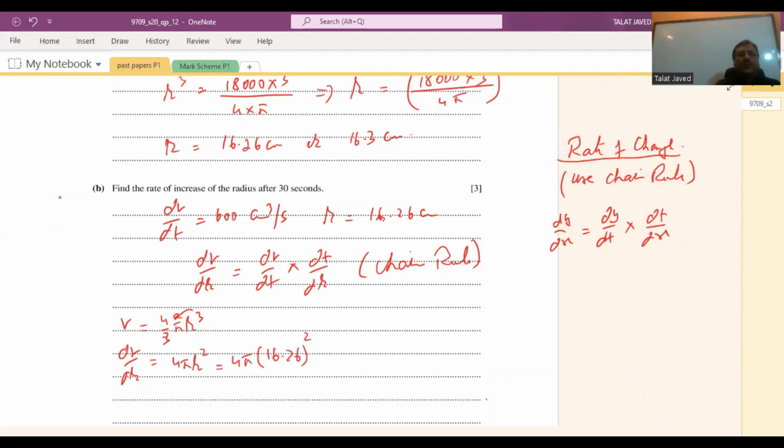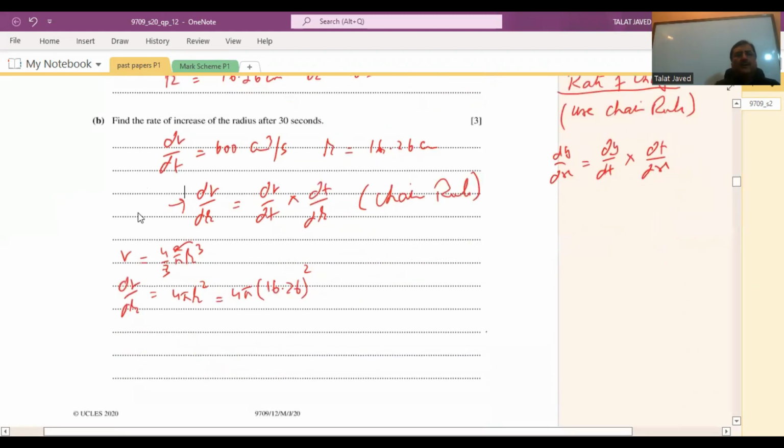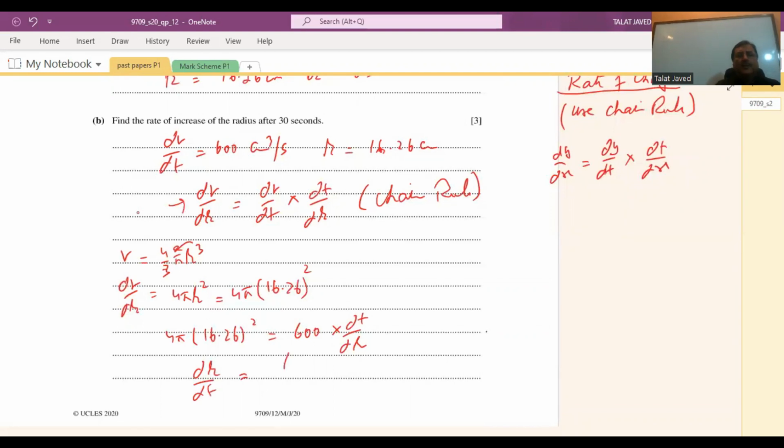So now we put all these values in this formula: 4 pi into 16.26 square equals 600 multiplied by dr over dt. From here we get dr over dt equal to 600 over 4 pi into 16.26 square.